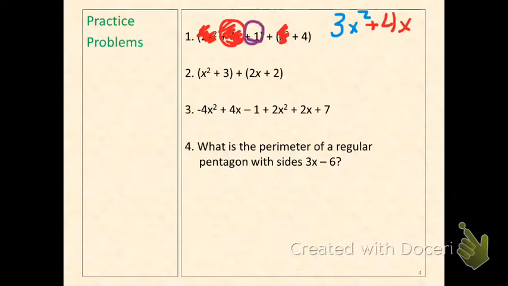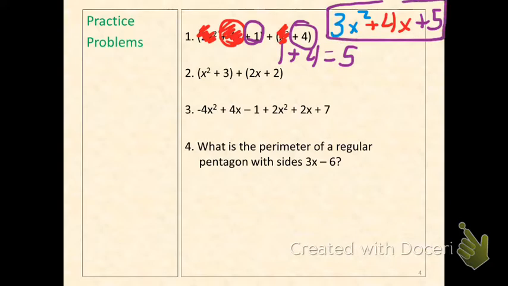I've got a 1 here, and I've got a 4 here. They're both positive, so all I'm going to do is 1 plus 4, which equals, you guessed it, 5. So at the end, I have a plus 5. So this right here is my final answer, 3x squared plus 4x plus 5.